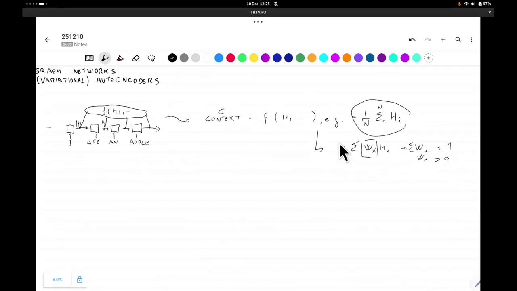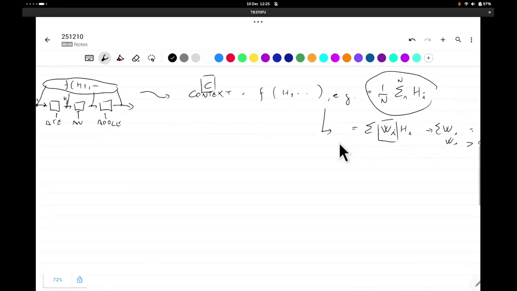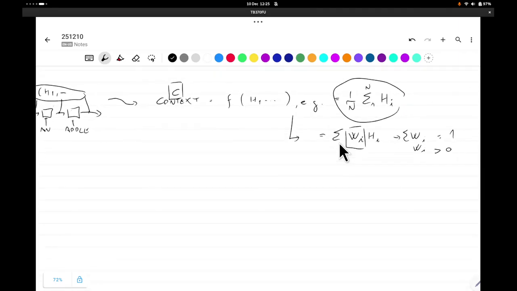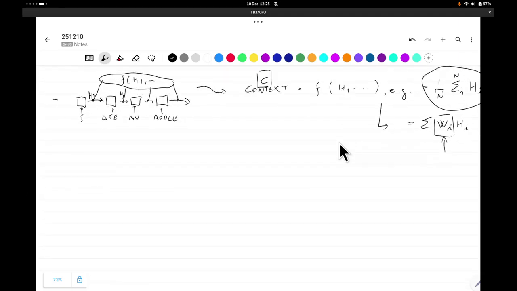So if we stay with a single kind of context idea, so there is only one context variable that is learned, so actually the weights are learned in order to construct this context.